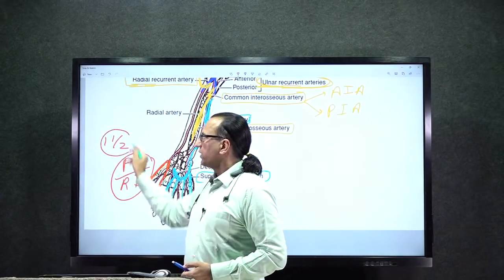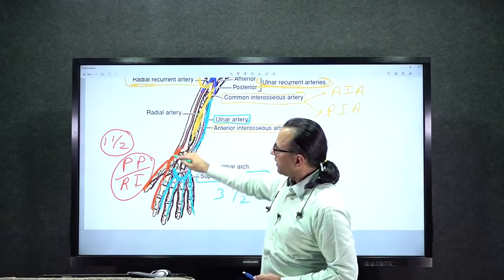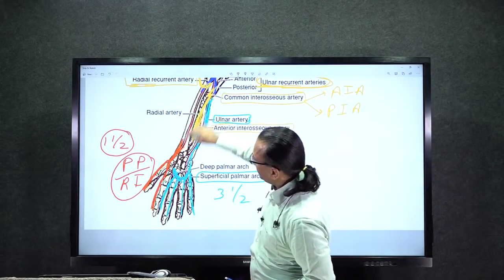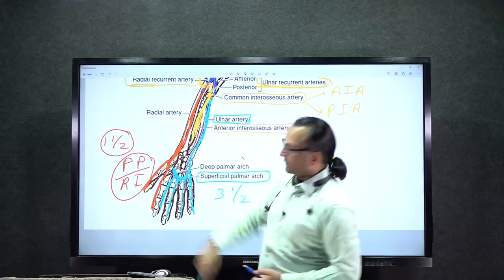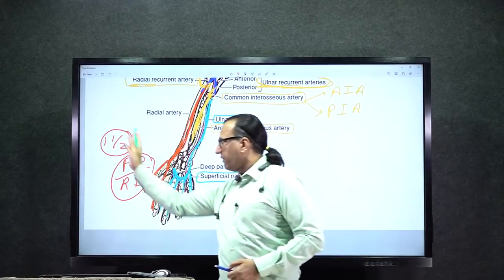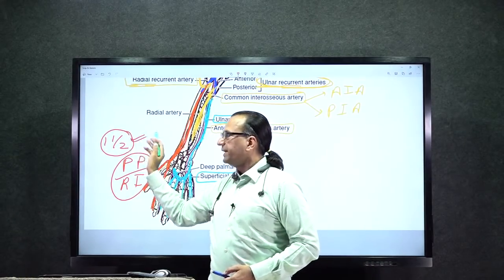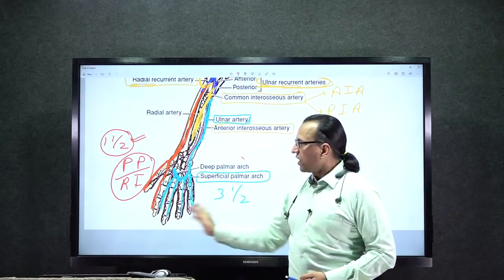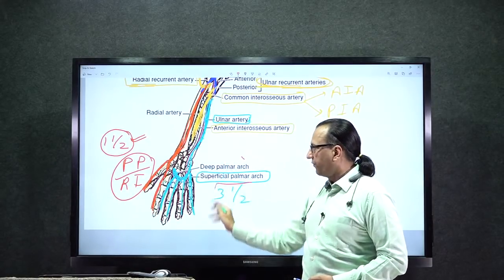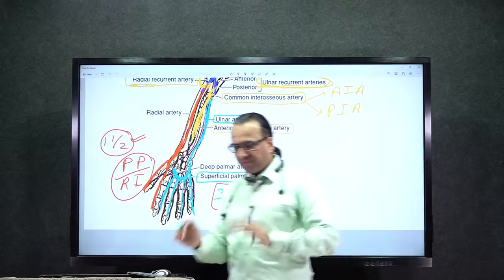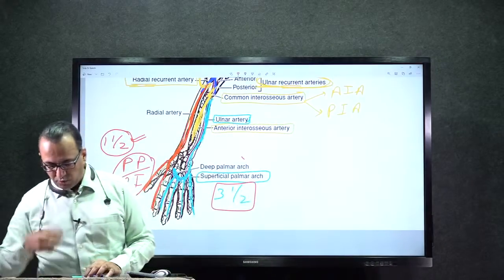Obviously, none other than the radial artery running with the radius bone. So, as you see, radial artery giving 1.5 finger supply, whereas the ulnar artery giving 3.5 finger supply. So this was some basics, but then we need to move further.